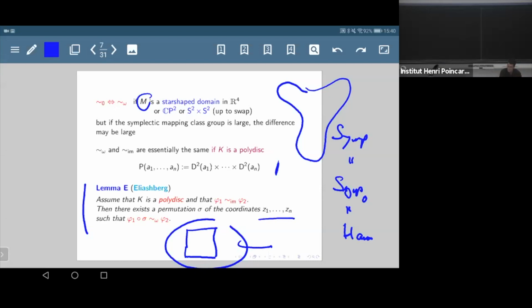I see. So you're saying that number 2 and number 3 are very close, up to coordinate permutation.